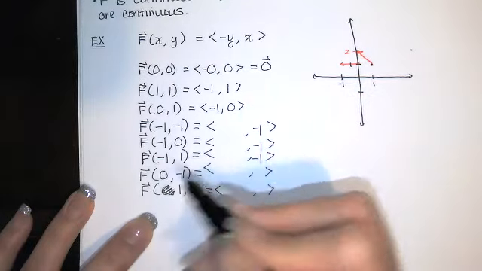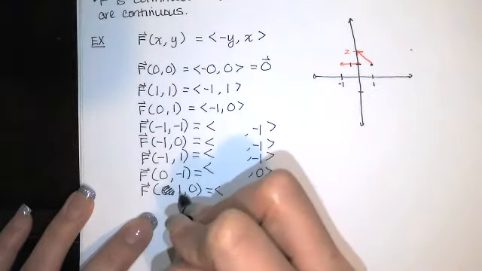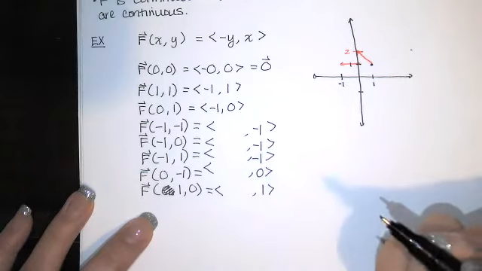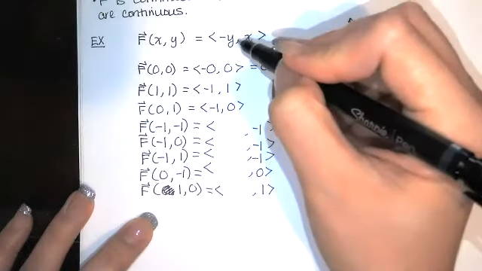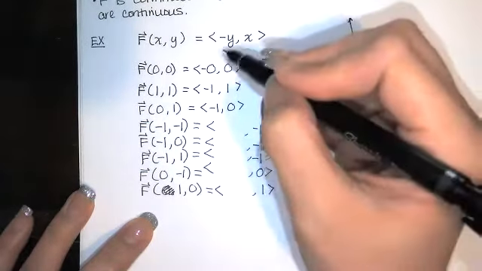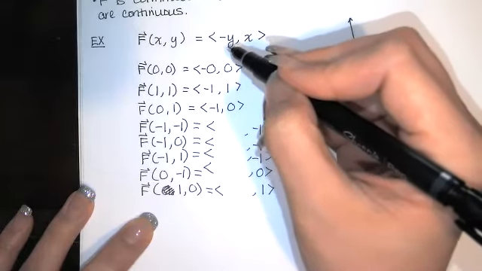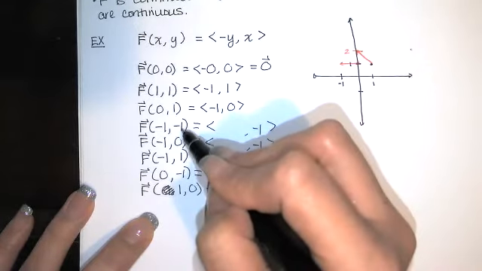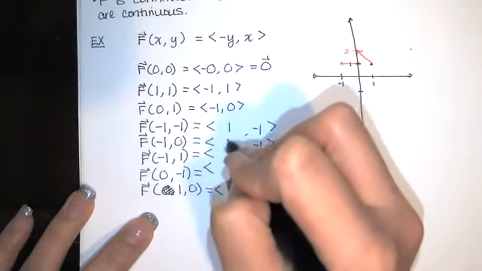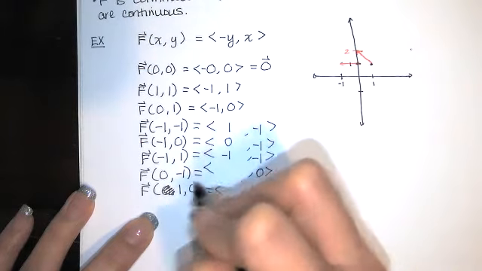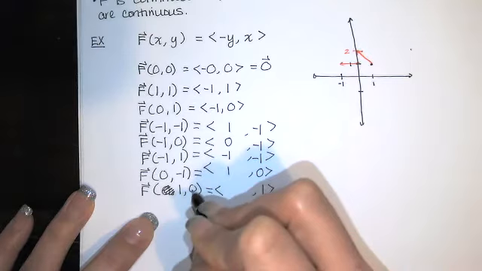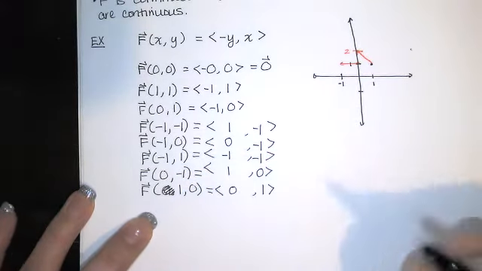When the x value is 0, the y component will be 0. When the x value is 1, the y component will be 1. Now the x component of this field is given by the opposite of y. So I look at the y value and I multiply it by -1. And the y value there is 0.